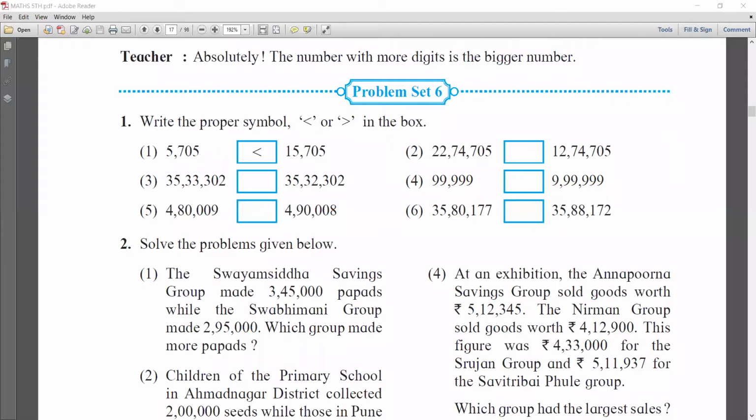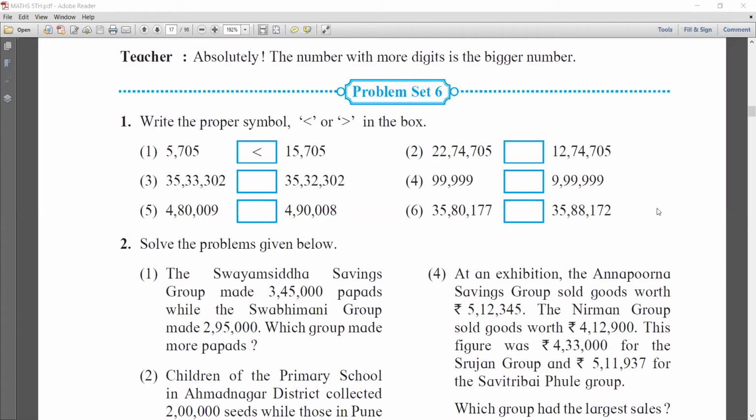As we finished our exercises, problem set number 4 and problem set number 5, today we will move on to problem set number 6. As we learned in problem set number 3, how to make 2-digit and 3-digit numbers.